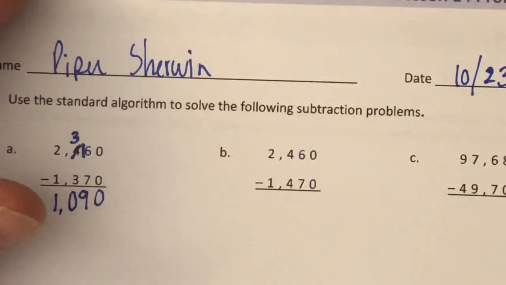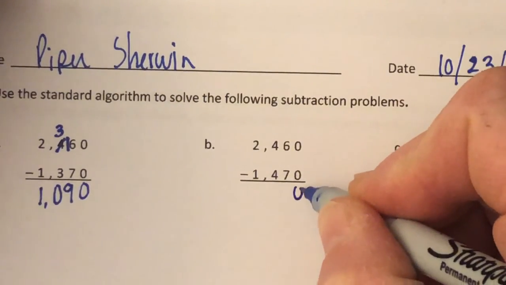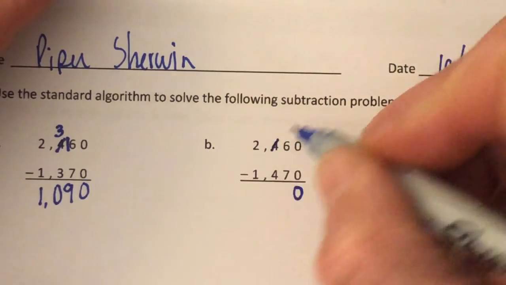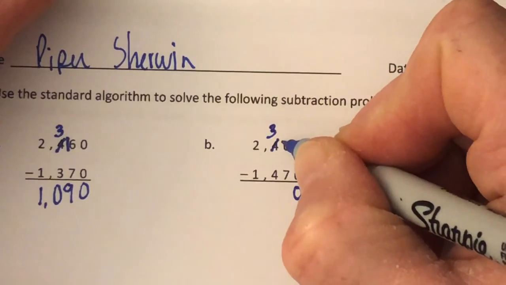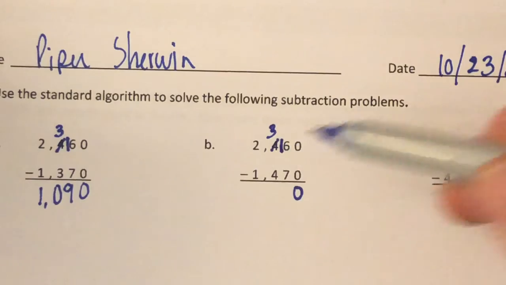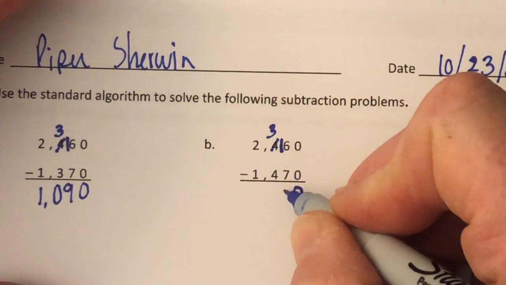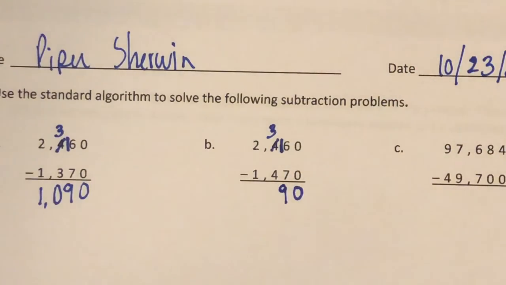All right, let's move over to this B. 0 minus 0, 0. 6 minus 7, can't do it. So I take 1 from here. That's my hundreds place. I leave 3 hundreds. I take 100 and break it into 10 tens. I put that 10 tens to my 6 tens and get 16 tens. So 16 minus 7 is 9. 3 minus 4, can't do it.